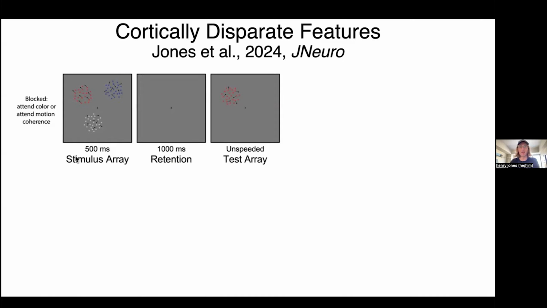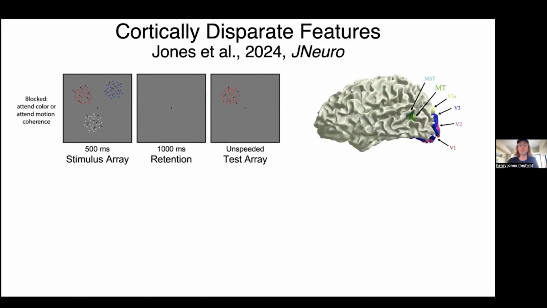Still a change detection task, so the motions would change from coherent to incoherent or vice versa, or they would change in color. And we chose motion because it's processed much later in the visual pathway, starting around area MT or MST. So if we were picking up on region-specific load signals, these should be quite different, and even EEG should be able to detect the differences.